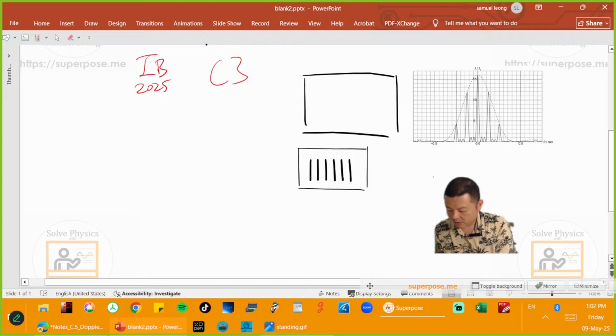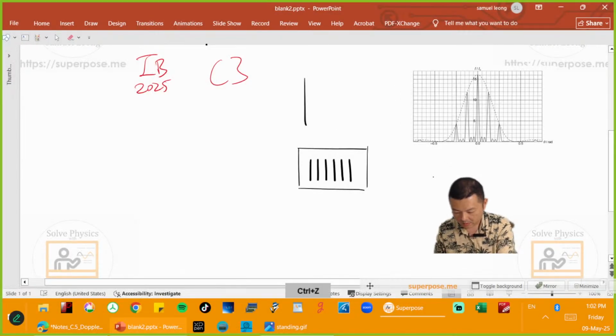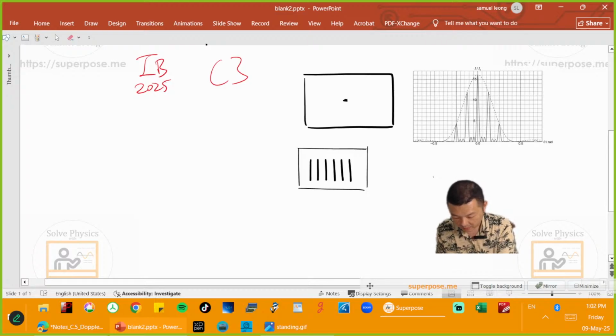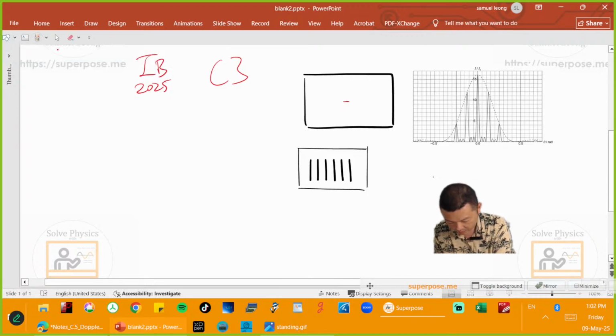You will have a bright fringe in the middle. It's actually going to be a point here, a very strong point. Then a slightly weaker point, then a kind of weak point.